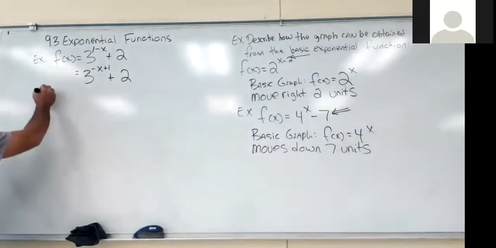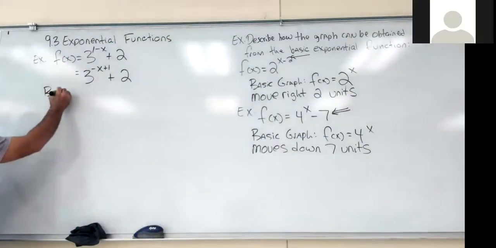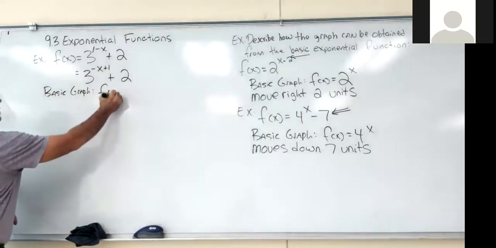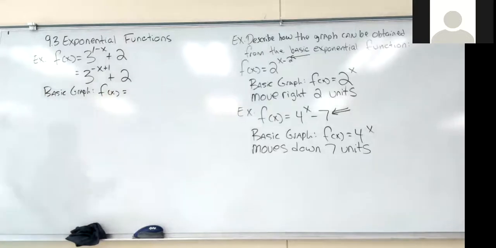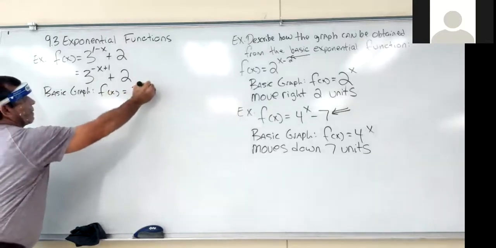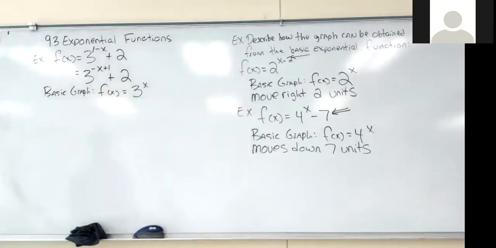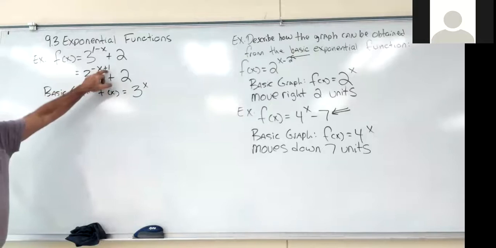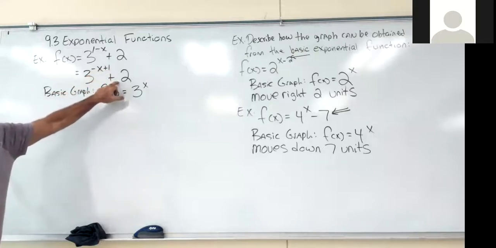So I'm going to start with my basic graph, which will be f of x equals 3 to the x. All your basic graphs will be just that number and that x up there. So I got this negative x move happening, that plus 1 happening, and that plus 2 happening.